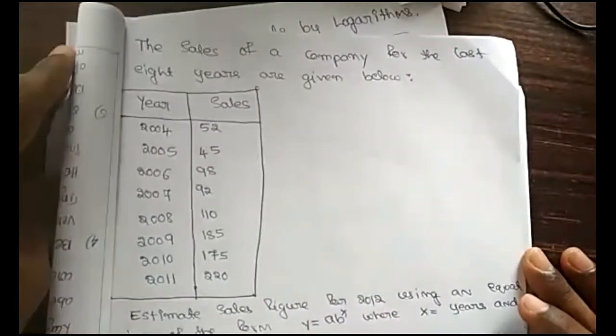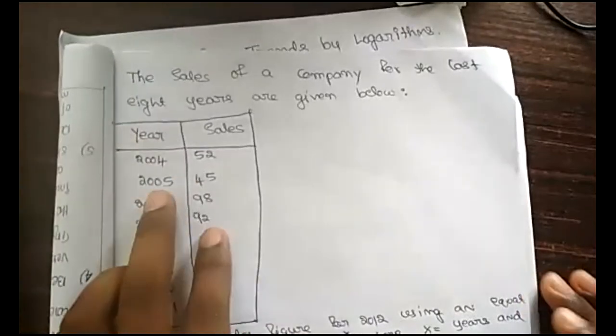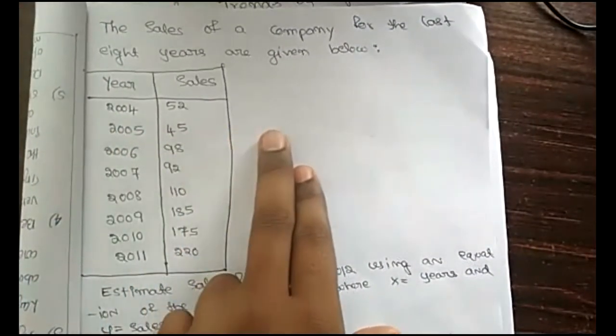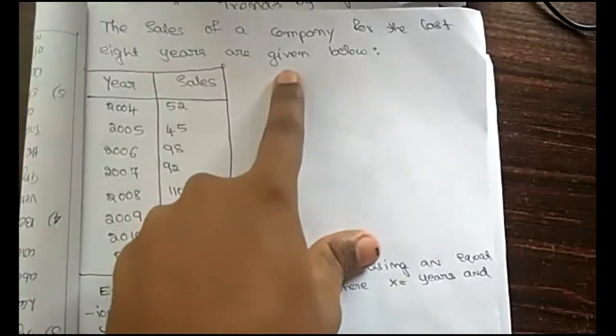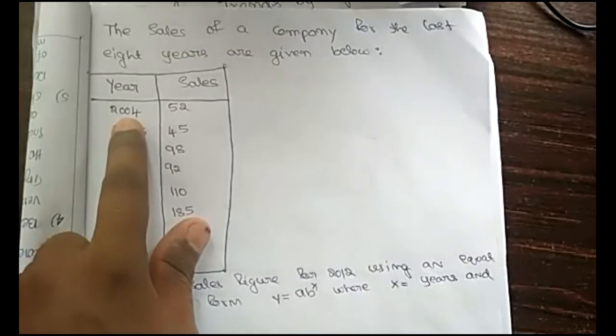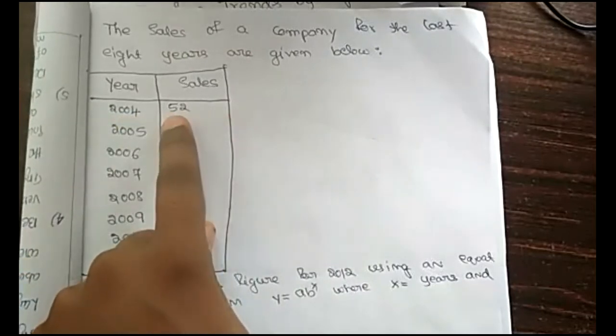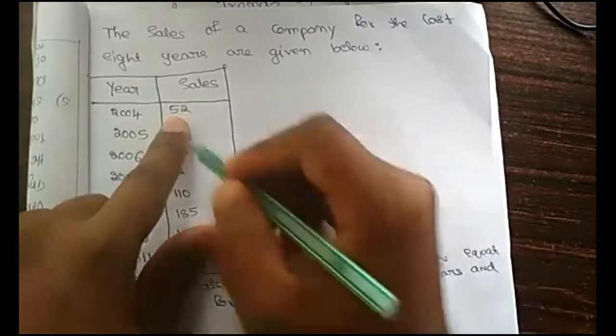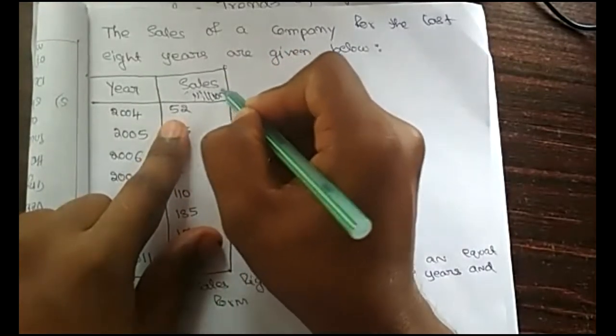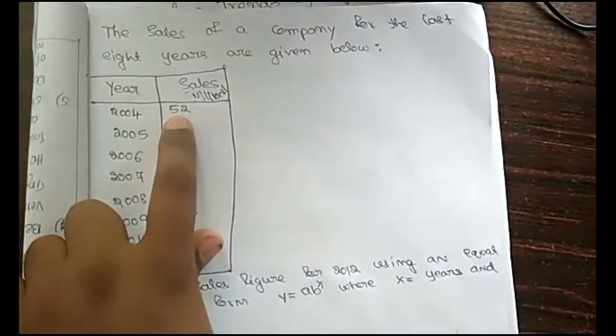Here is one example. The sales of a company for the last 8 years are given below. The first one, for year 2004, is 52. Consider it in $1 million, so $52 million.